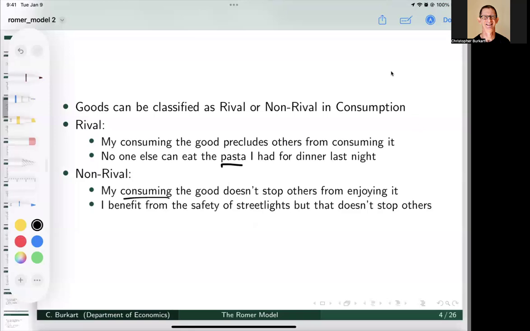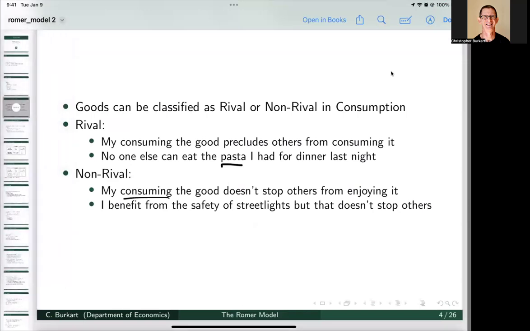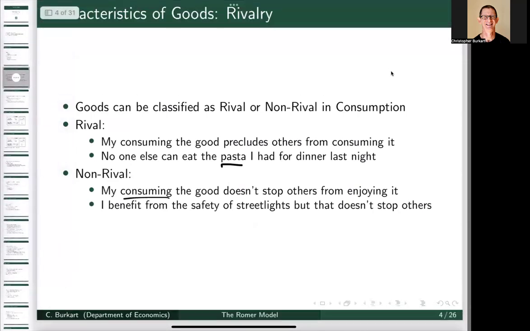So streetlights are a classical example of this. Streetlights are usually considered something we call a public good, that we'll define in just a minute. But me benefiting from the streetlights doesn't stop others from benefiting from them as well. Okay, so that's one of these two dimensions that I want to introduce.